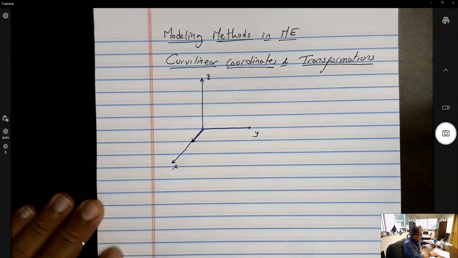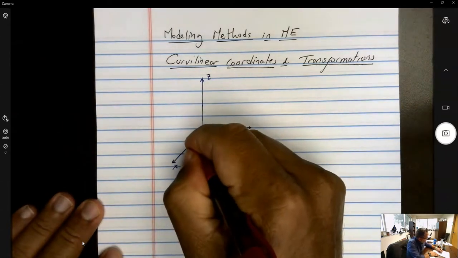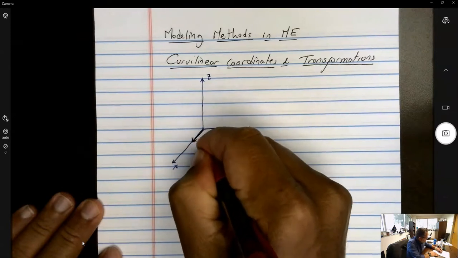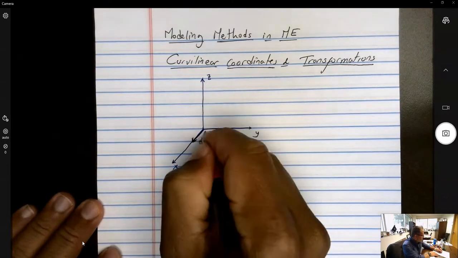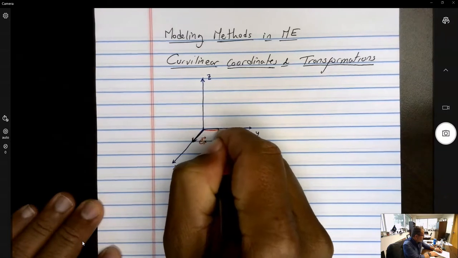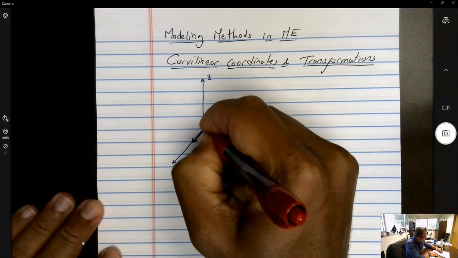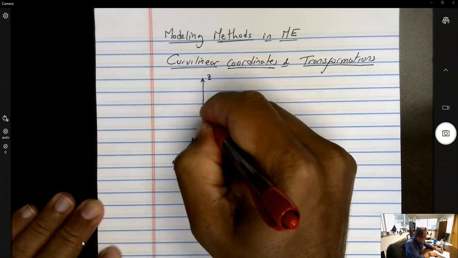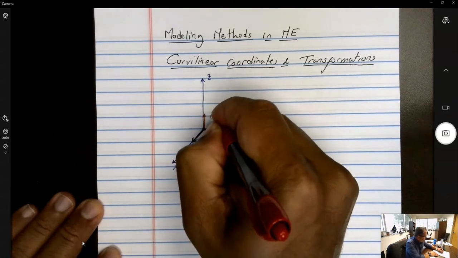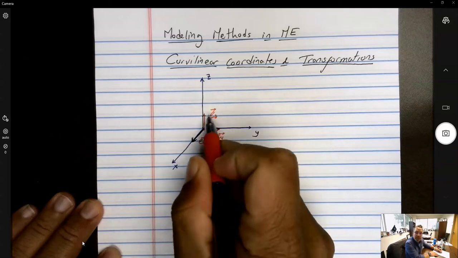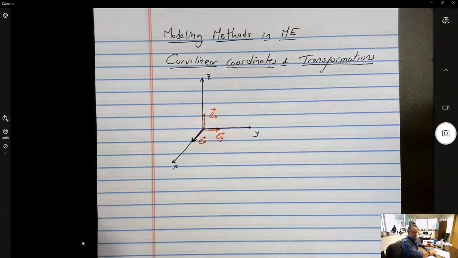So let's say this right here is what we call EX, and this vector right here is what we call EY, and this vector right here is what we call EZ. And these are vectors that are unit in length, and they are actually tangent to each of the axes, normal to the corresponding plane.